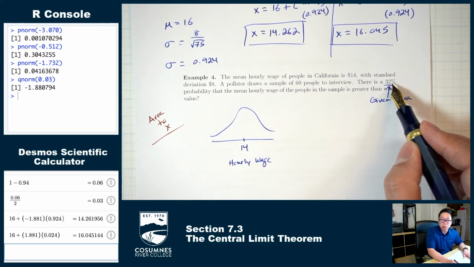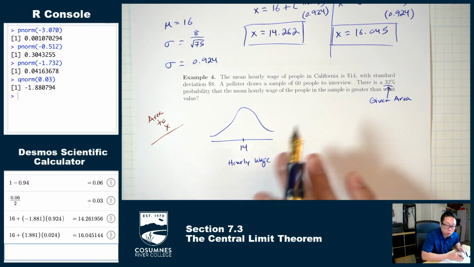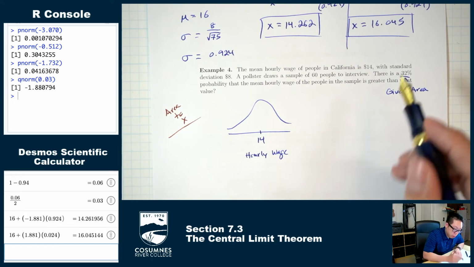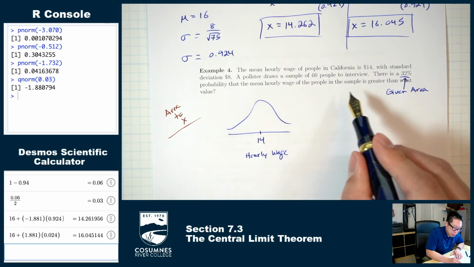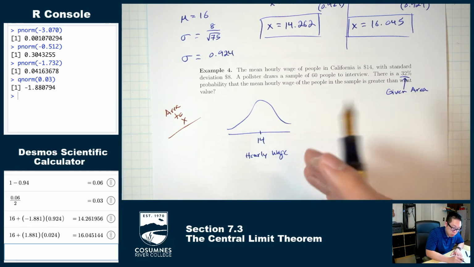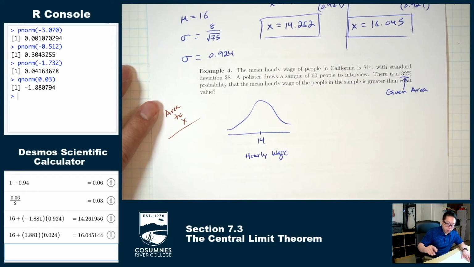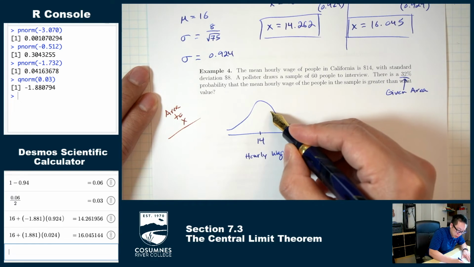I do need to put the 32% on my picture. So we have to decide what type of picture this is. Is this to the left, to the right, or between? So 32% probability that the mean hourly wage of people in the sample is greater than what value? Greater than tells me that this 32% is to the right, okay? 32% to the right would go somewhere over here.